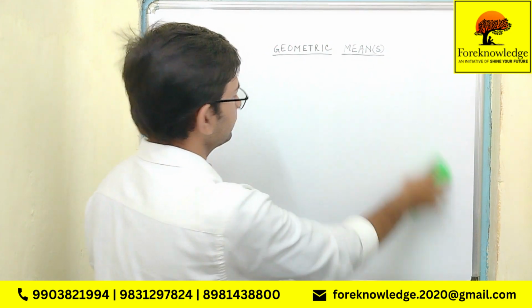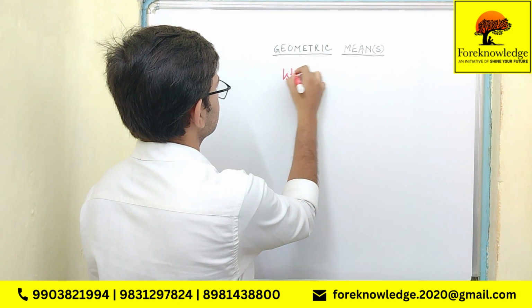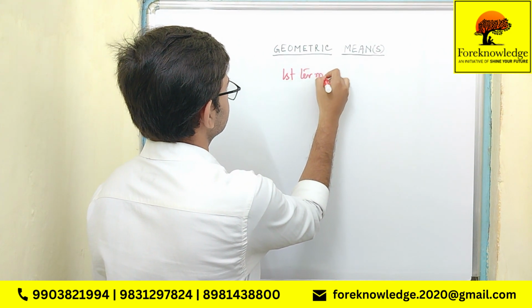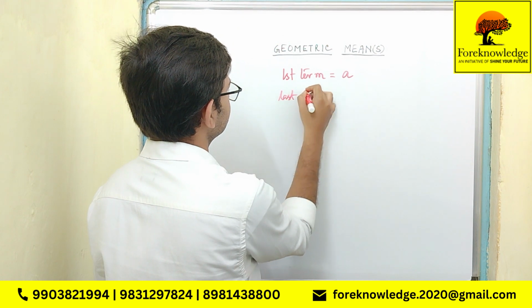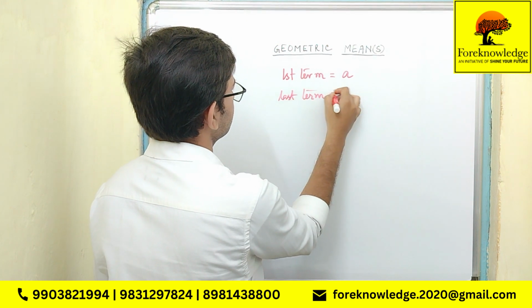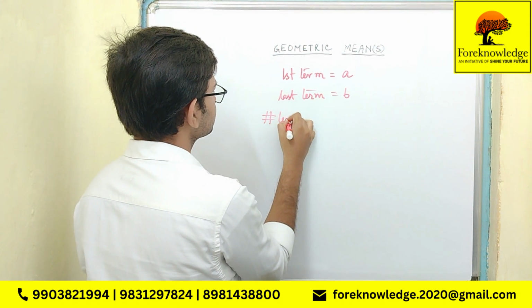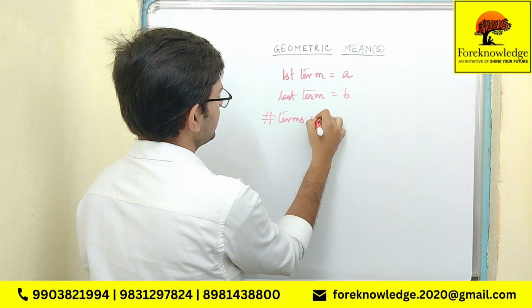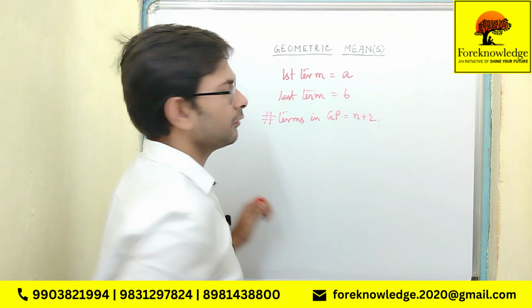We have our first term as A, our last term as B, and the number of terms in the GP equal to n plus 2. Why n plus 2?